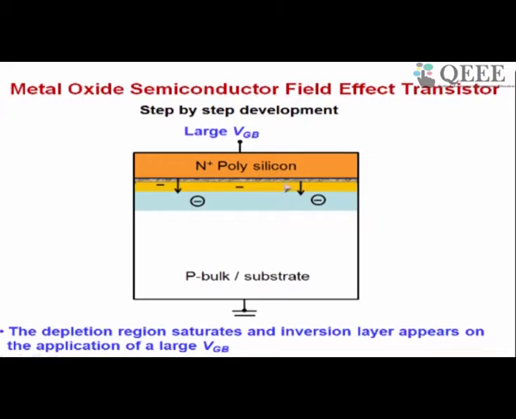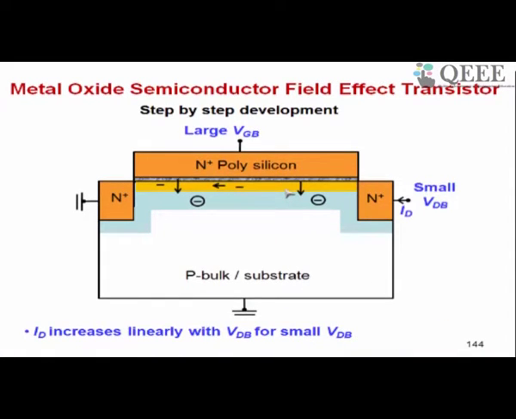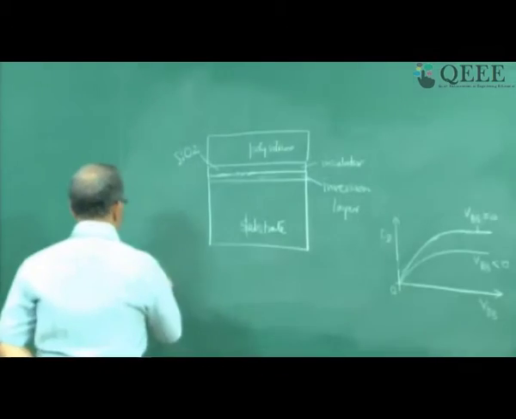So if this happens, now you see even without VGB you have an inversion layer. So if you now connect source and drain and then apply voltage, you will get a current even in the absence of VGB. So such a device is said to be depletion type device or normally on device. Depletion type or normally on.